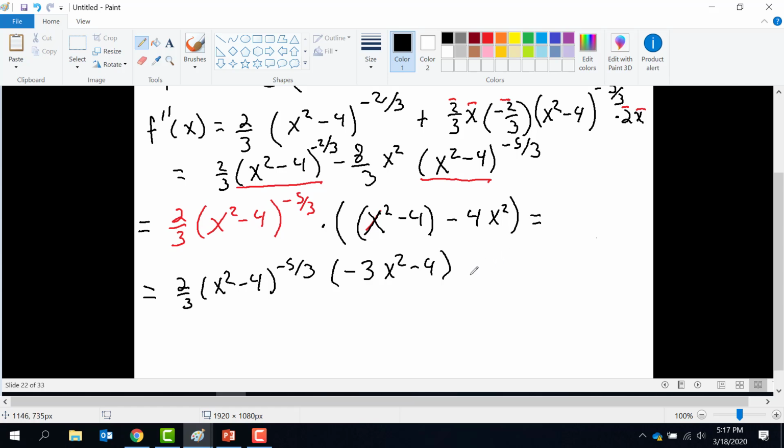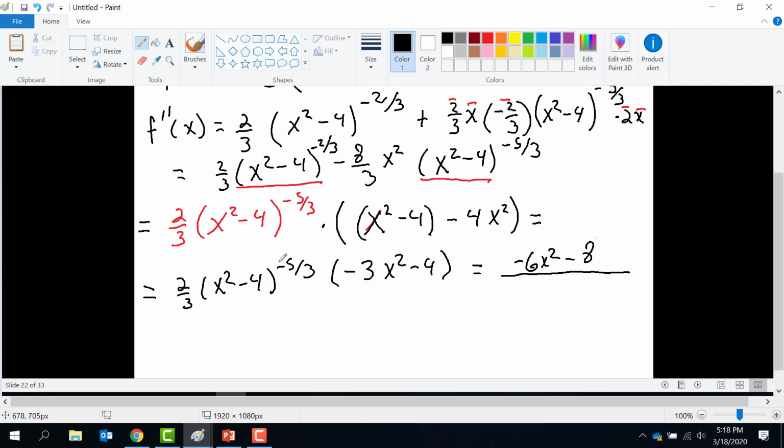And now let's go ahead and rewrite this. We'll keep this 2 in the numerator and distribute it, and we will get negative 6x squared minus 8.